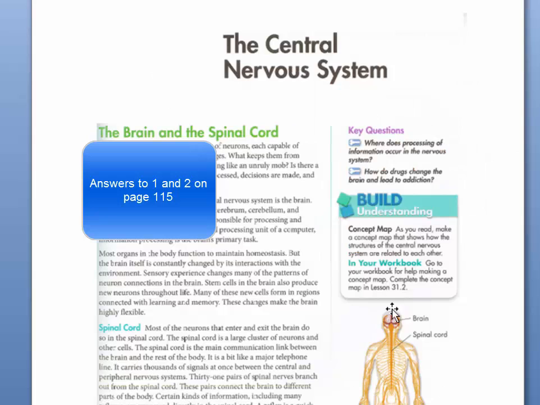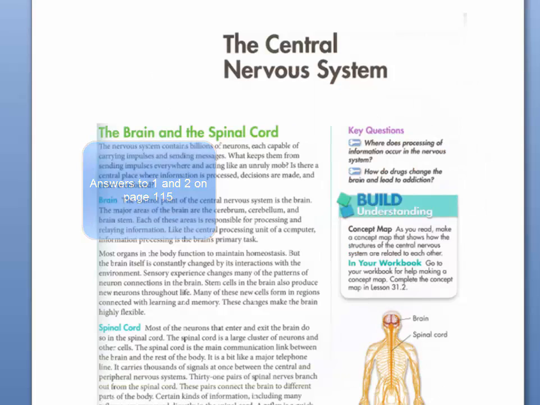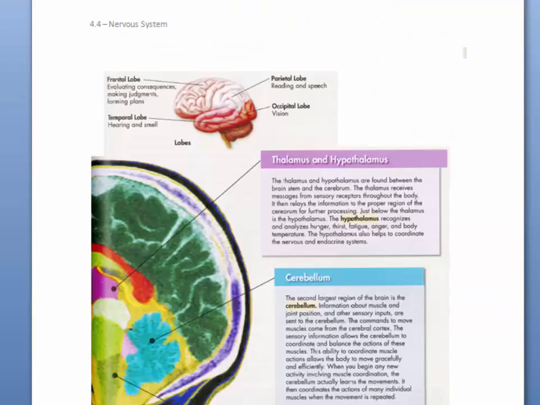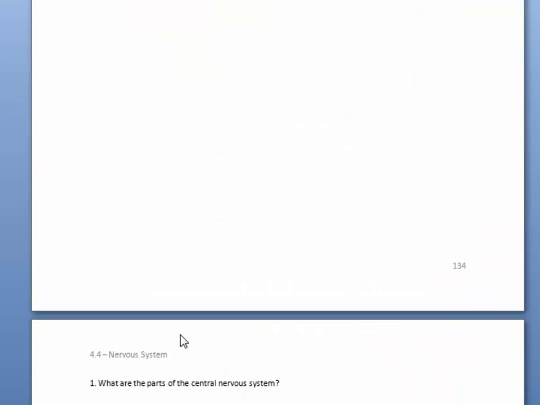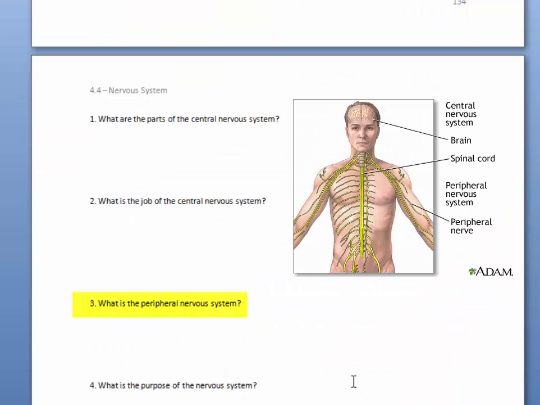The central nervous system is the brain and the spinal cord, and you'll find out what the brain and the spinal cord do when you read this page. Question 3, what is the peripheral nervous system? And 4, what is the purpose of the nervous system?